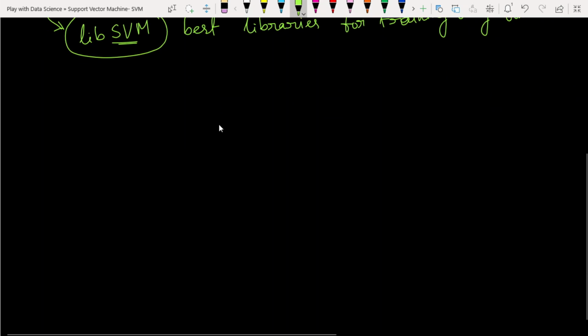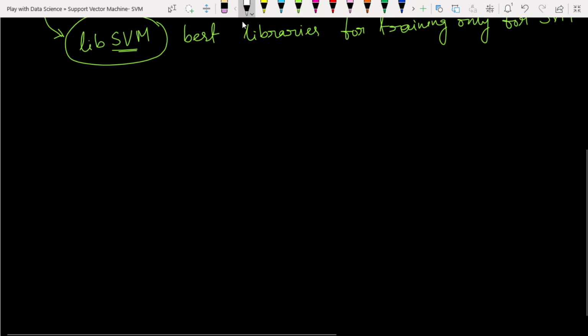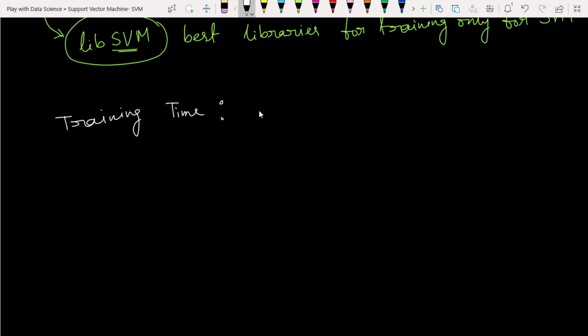If you see the training time complexity of SVM, it is approximately of the order of n square.